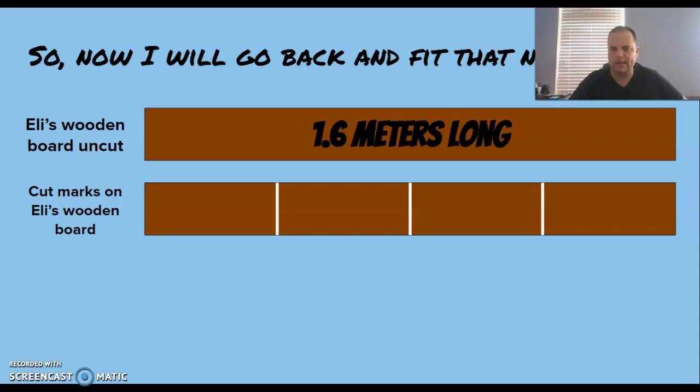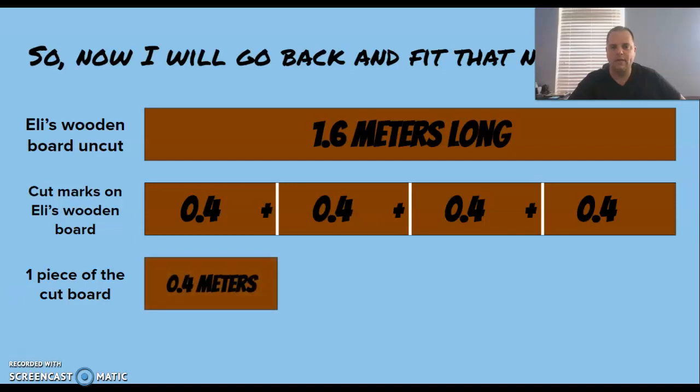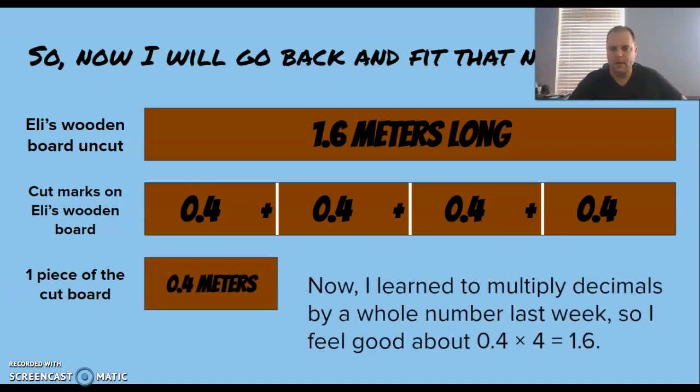So I'm dividing this one whole thing, the board, into 4 parts. I noticed before that it was 4/10 of a meter for 1. So 4/10 plus 4/10 plus 4/10 plus 4/10, or 4/10 times 4. So one piece of the board is 4/10 of a meter long.